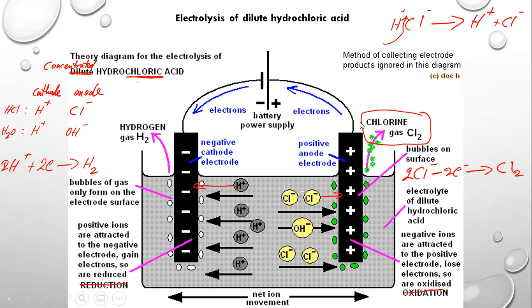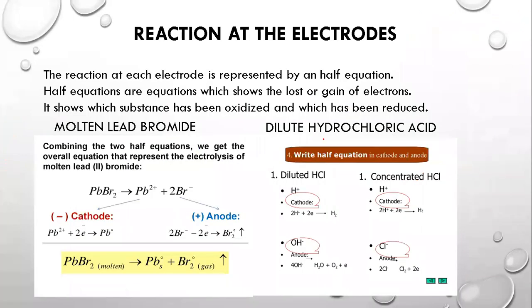Okay. Now we don't have enough time to talk about the reaction at each electrode, but you've done this. Or I should say, it has been discussed while explaining the electrolysis process. So I'll say to you boys, go to Schoology, open this slide, and just read through what's happening here.